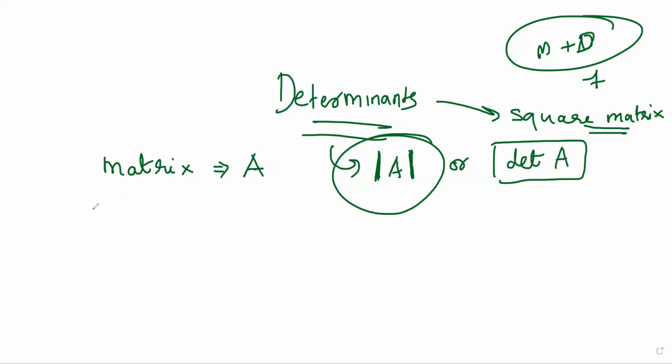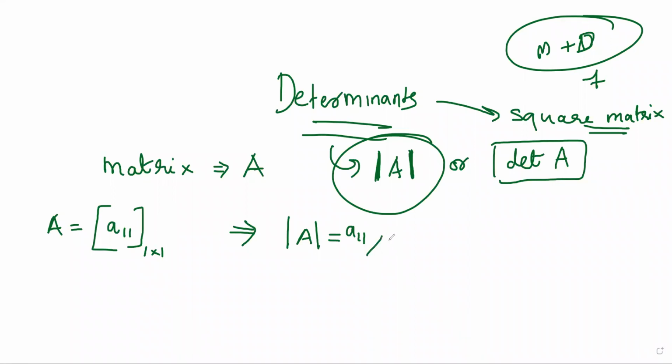So if I am having a matrix A with only one element, A11, its order is 1 by 1, isn't it? Then its determinant is A11 itself, because I do not have any other elements here. So its determinant is the element itself.